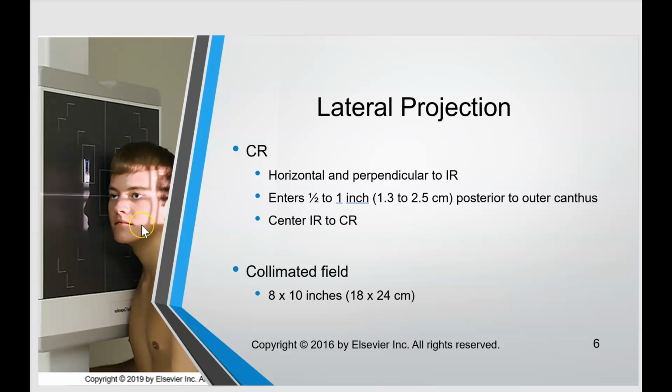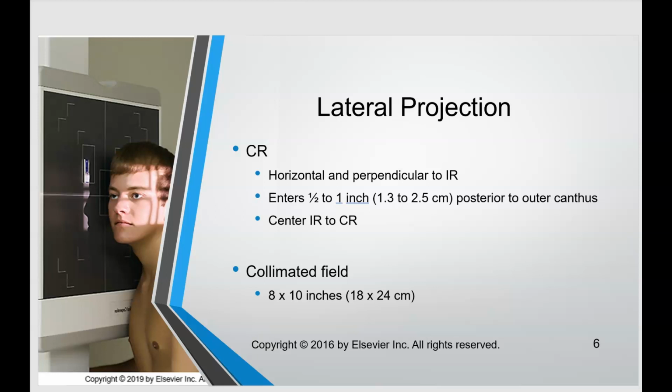Posterior back to the ear auricle. And then we're going to make sure that we have 3 inches above the nasion to make sure that we have all of the frontal. That should equal an 8 by 10 collimated field, 10 lengthwise, and your placement for your IR is a 10 by 12 lengthwise, by the way.